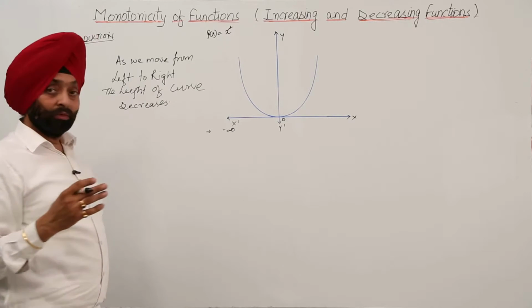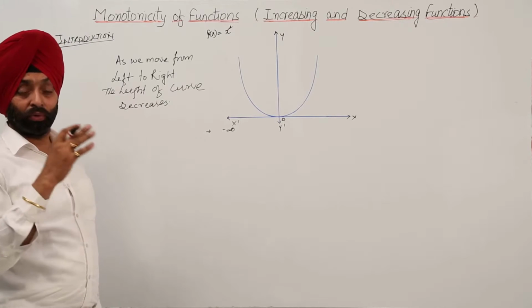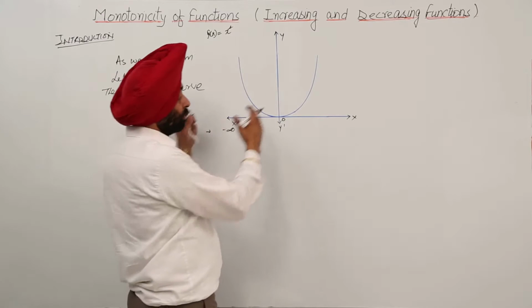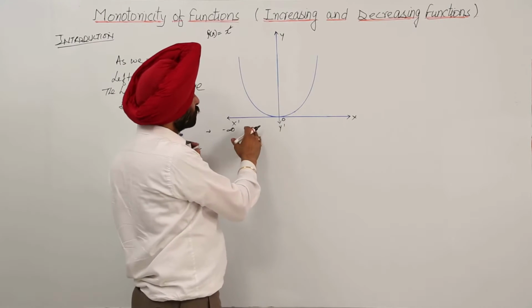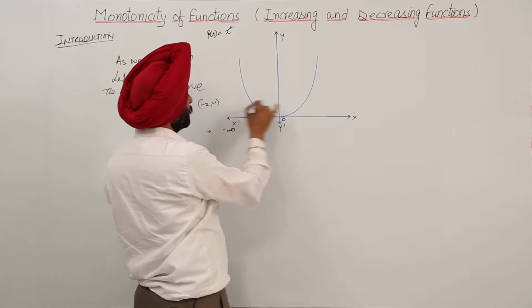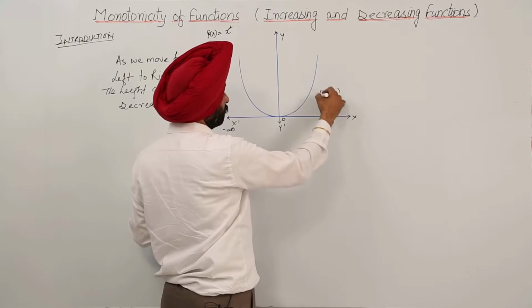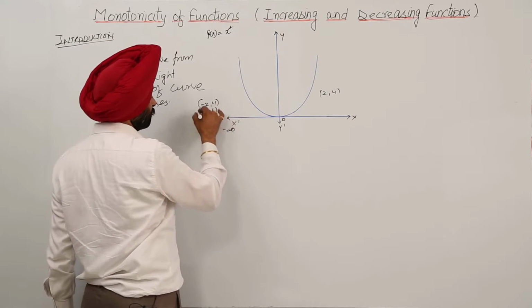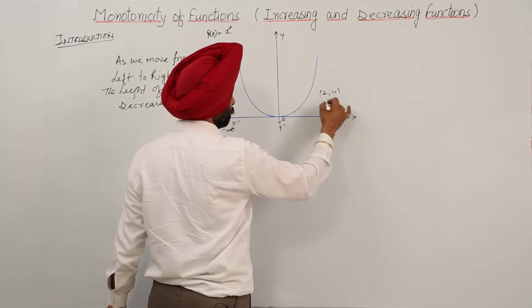So for -2 we get 4, and for 2 we again get 4, one on this side and one on that side. Then for -1 we get 1, and here for 1 we get 1.